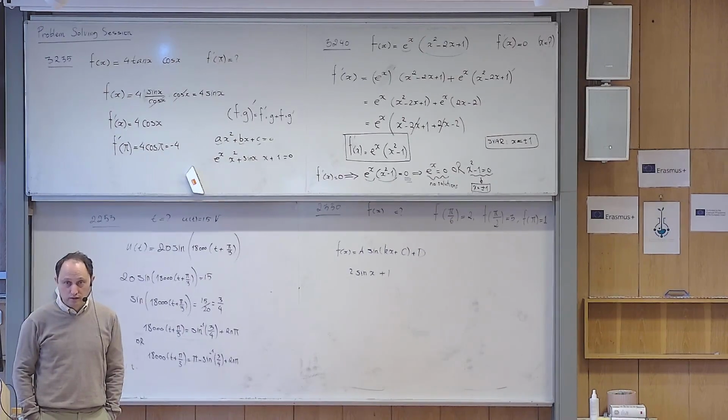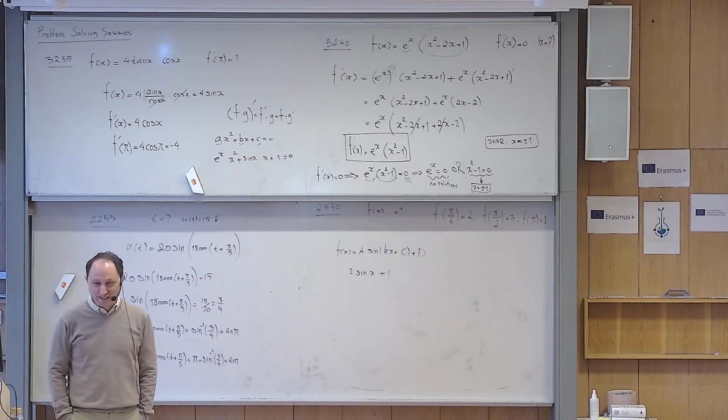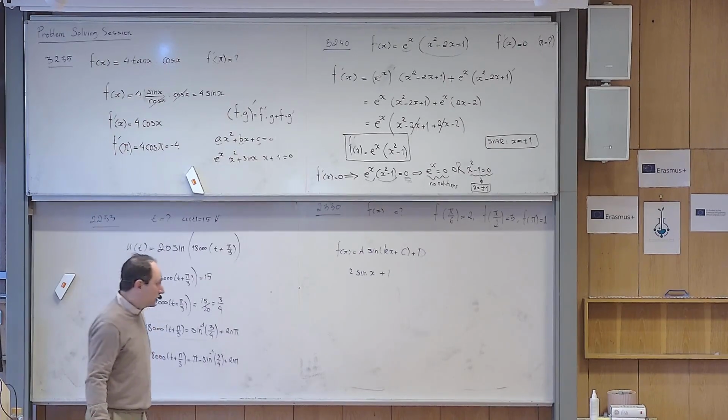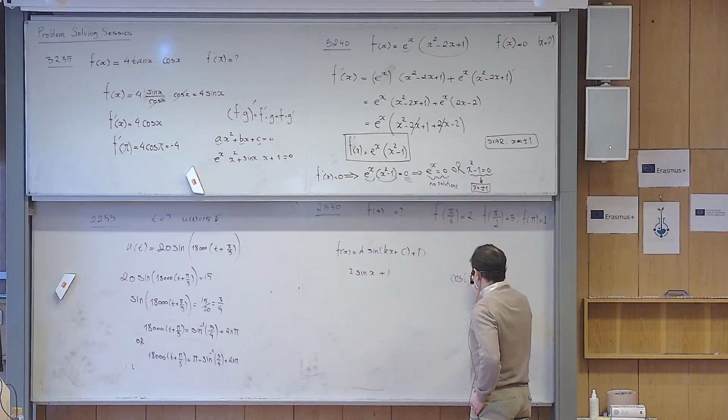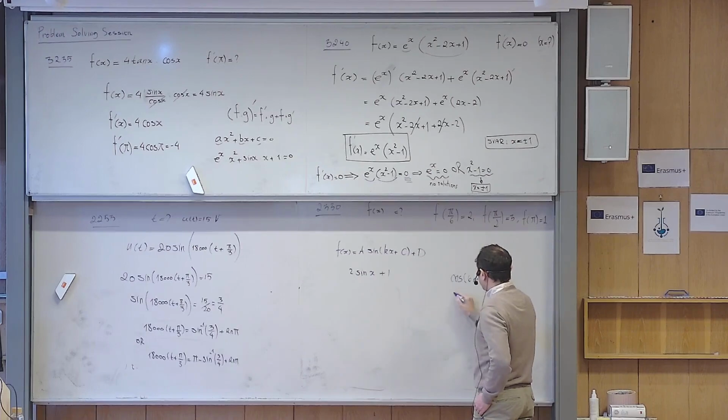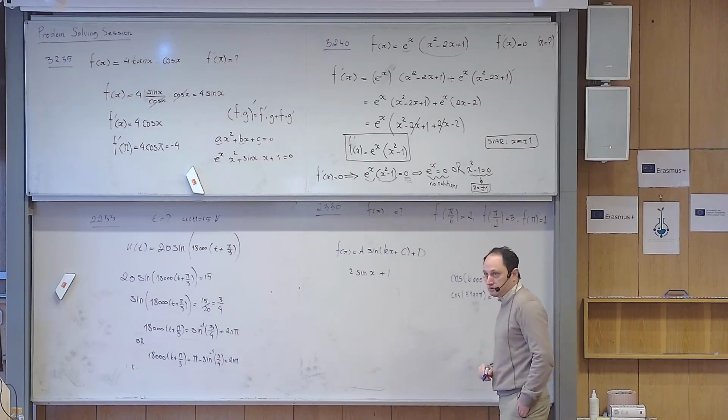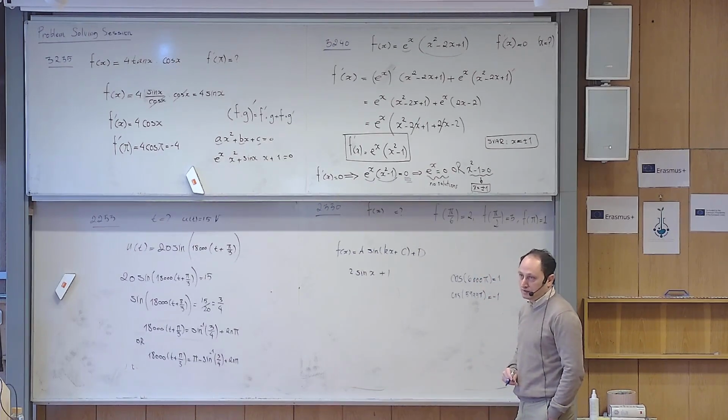Yes, that's clear. The cosine of 6,000 pi is also 1. But for example, cosine of 5,999 pi is minus 1. Why? Because it's 1 pi less.